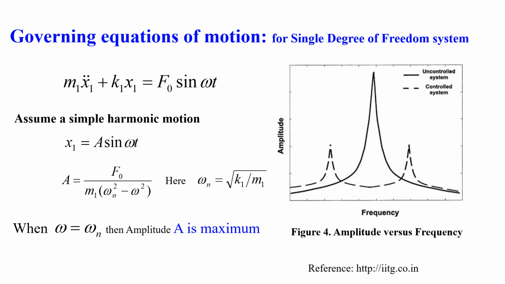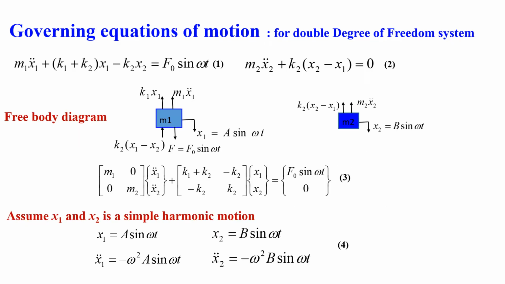Then the governing equation of motion for the double degree of freedom system: first we will draw a free body diagram. Here on the mass m1 we have applied the excitation force F equal to F naught sine omega t in the downward direction, and then the restoring force due to spring K1 is acting upward.